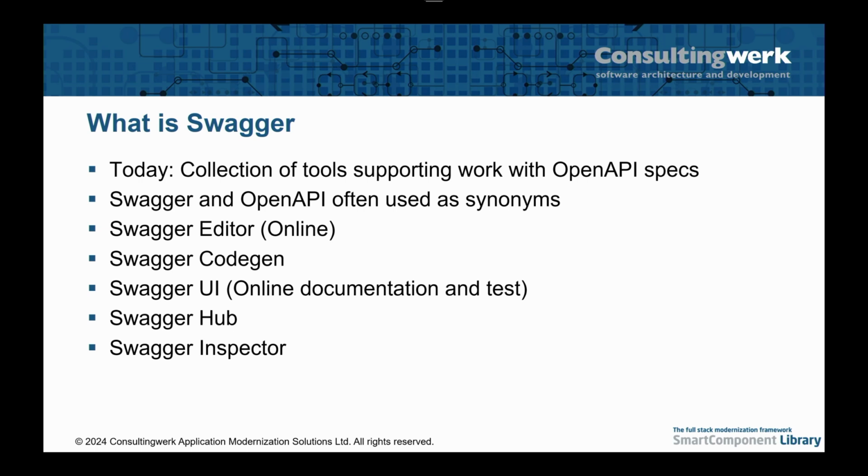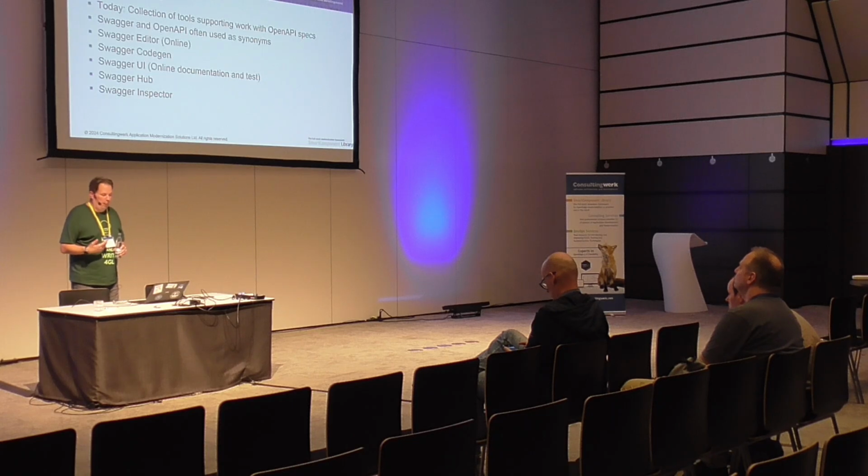So what is Swagger? Well, it's a collection of tools that support working with OpenAPI specifications. There's an online editor for Swagger files. There are tools that can generate clients and services for .NET, Java, TypeScript, Node.js, whatever. Not for OpenEdge, unfortunately. That's why we had to do that all ourselves. There's a Swagger UI.